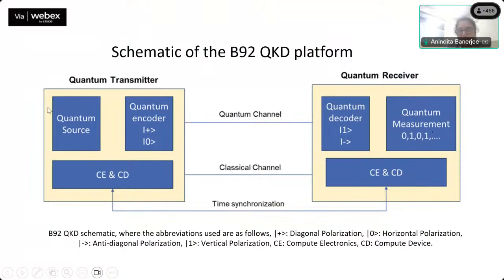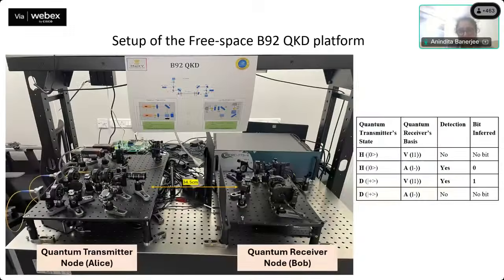The layer consists of passive optics, optoelectronics, mechatronics, compute engine boards, all sorts of things. The transmitter and receiver are also connected by a time synchronization, because it needs to be picosecond, nanosecond level synchronization.